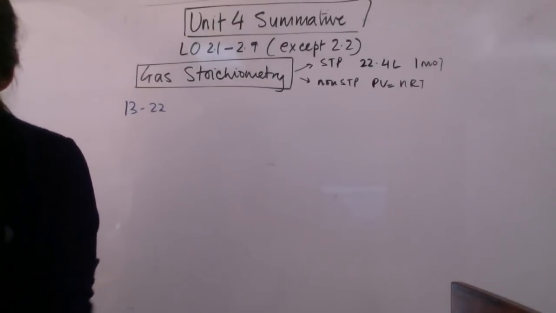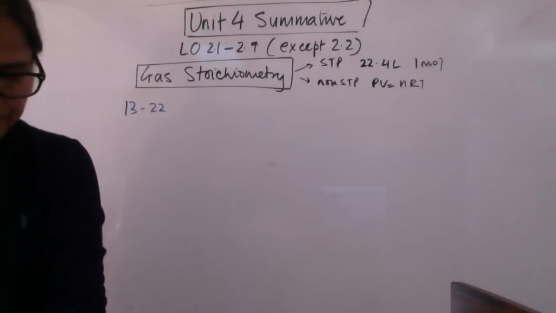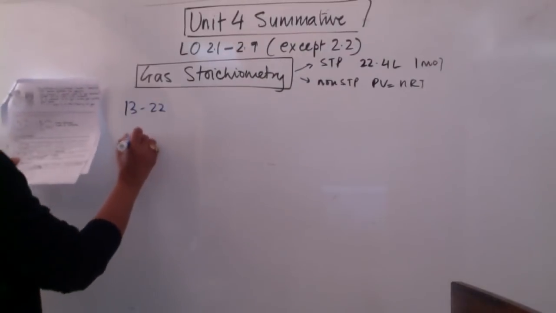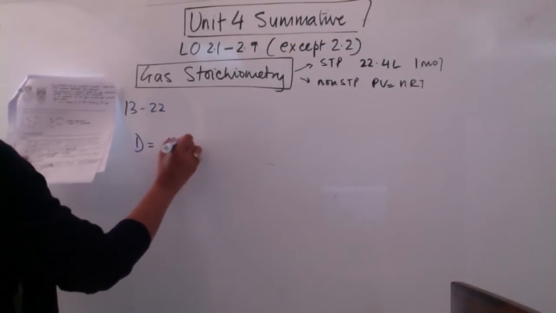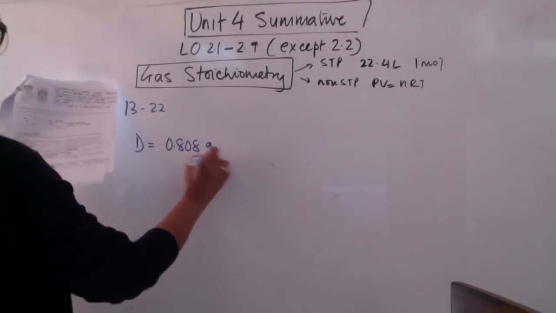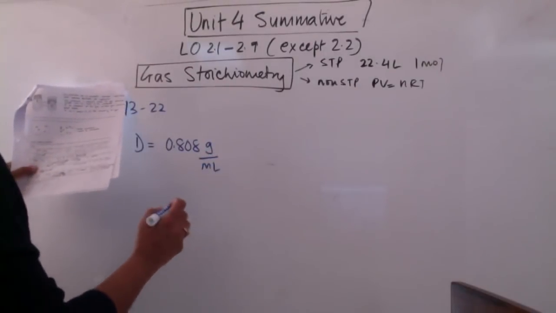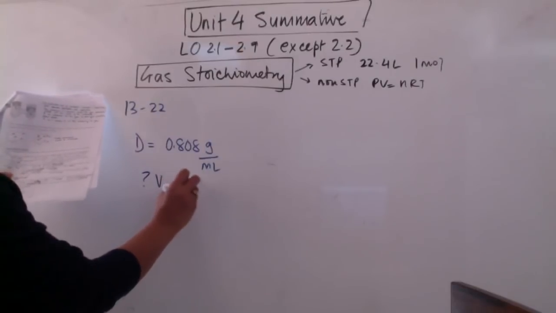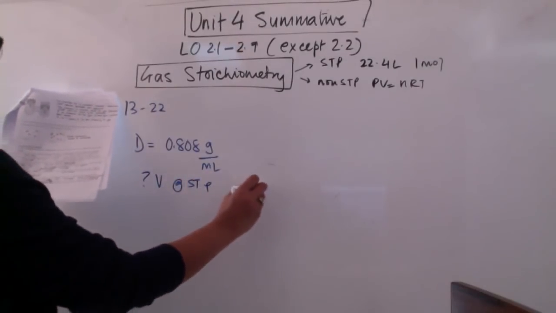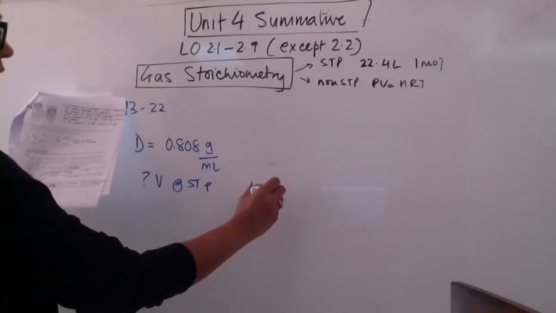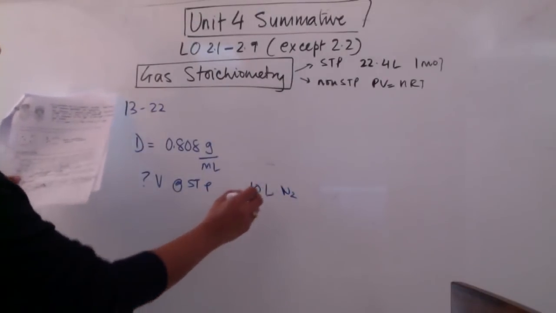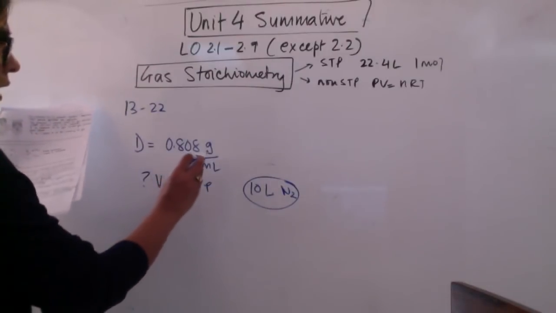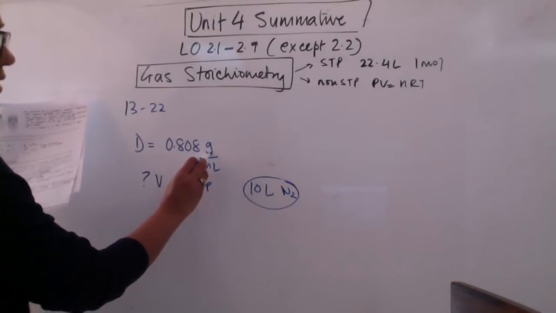So problem number 16 says the density of liquid nitrogen is 0.808 grams per mL. And they are asking what volume at STP must be liquefied to make 10 liters of liquid nitrogen. So we're going to convert this 10 liters of liquid nitrogen to grams using density.